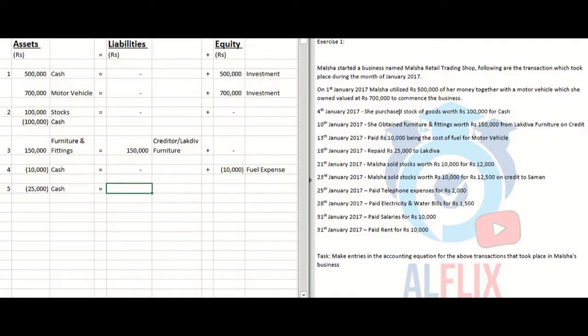So it decreases the liability in terms of, again, creditor or Lakdiv Furniture, plus there will be no effect on equity with regards to this transaction, so this will be nil.